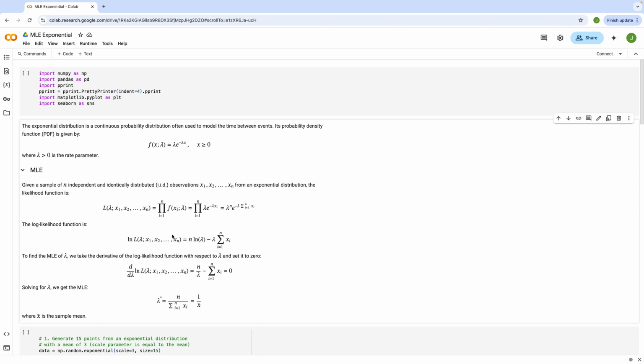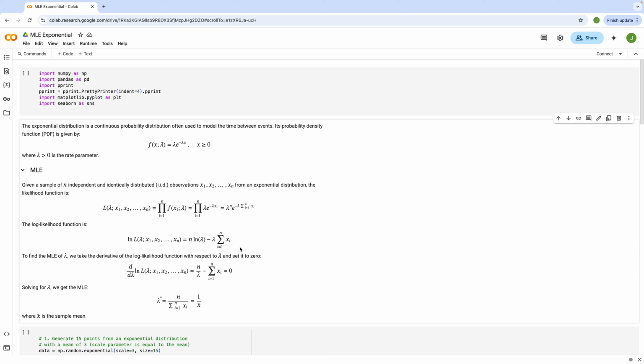Taking the log of the likelihood function will give us this formula, and then we just differentiate with respect to the unknown parameter.